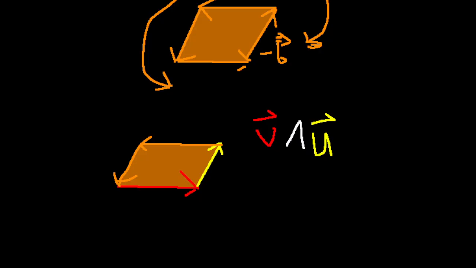So this is equal to minus B. So you always have to keep track of the order in which you wedge the two vectors together, because flipping the vectors actually reverses the orientation.